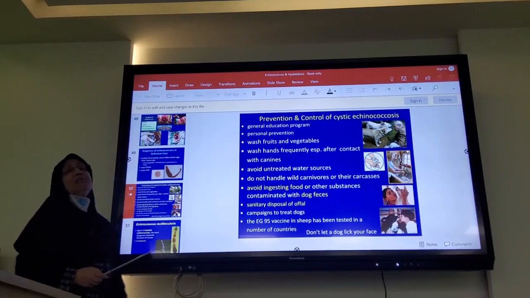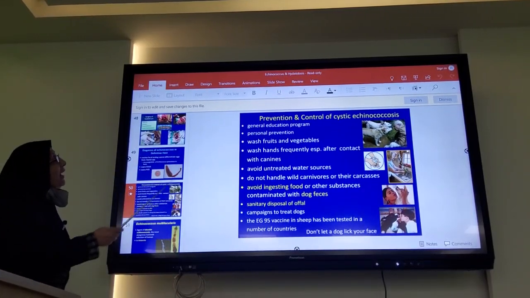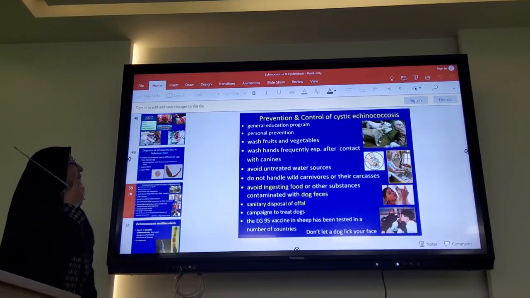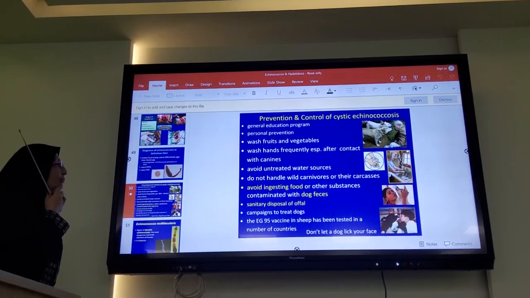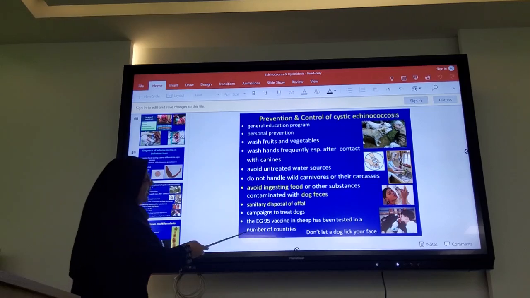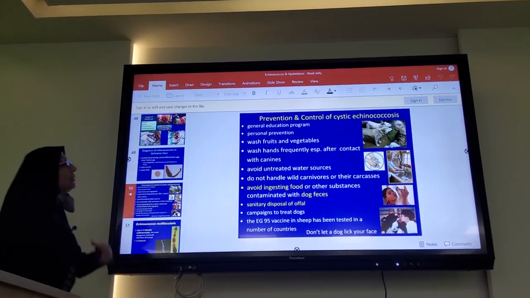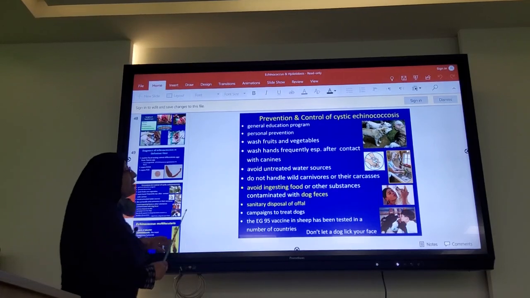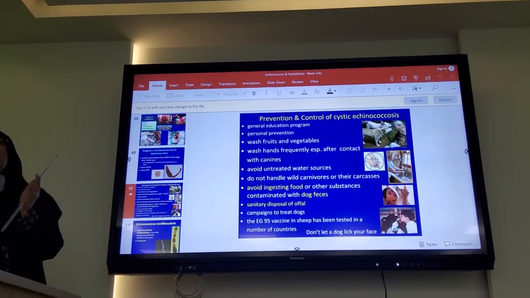A vaccine has been developed for the intermediate host, and it is under evaluation to find its efficacy; in the near future it can be used for the intermediate host. Sanitary disposal of offal is very important.